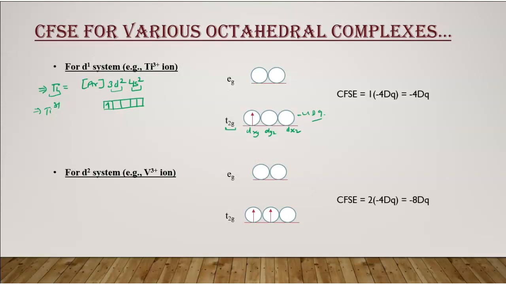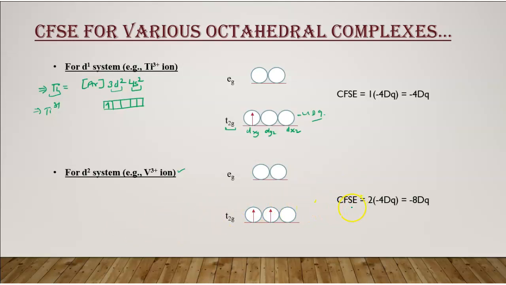Then in case of your d2 system, we have taken one example, vanadium 3 plus ion. Two electrons are present in the d orbital, and after the splitting, the electrons will first go in T2g, one in each orbital. We have filled one electron in two orbitals as per which rule? As per Hund's rule of maximum multiplicity. I hope you remember that.